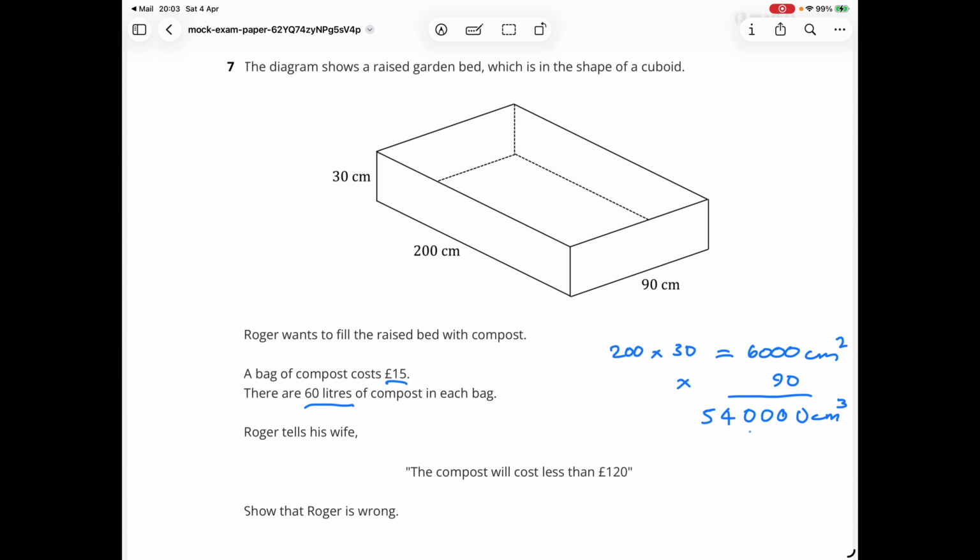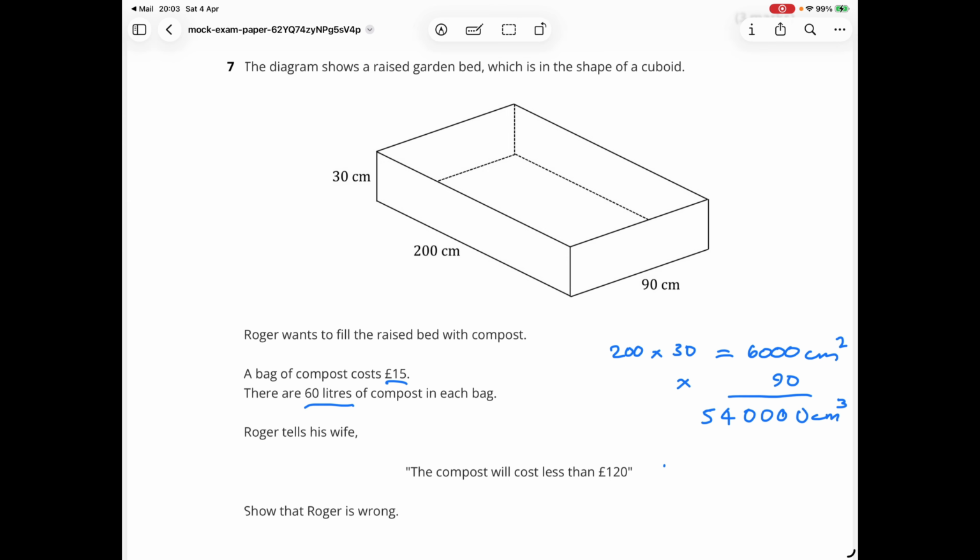What is a litre? A litre in terms of centimetres cubed is... I am actually just going to check this, which you can't really do in the middle of an exam.